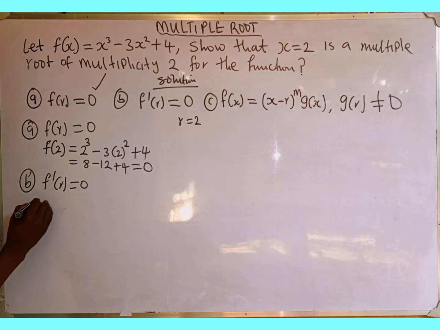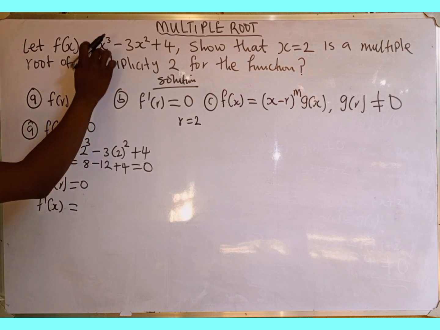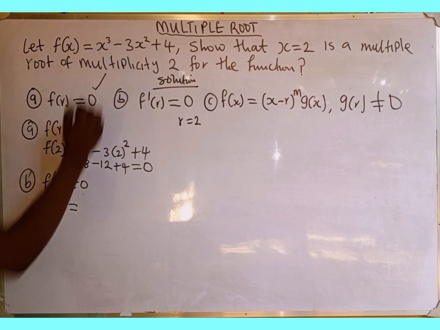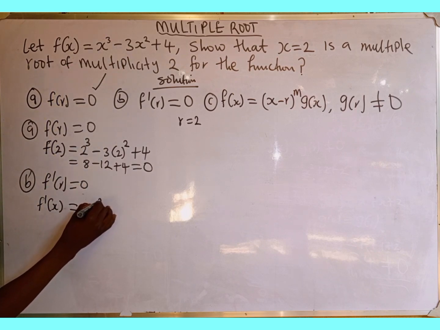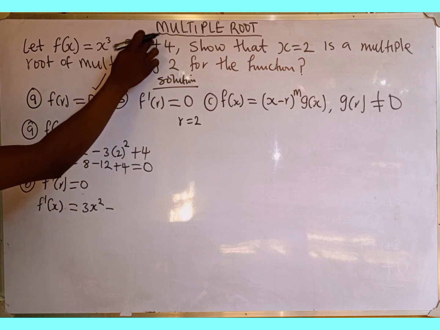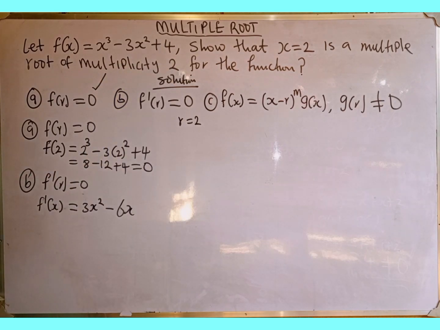So let us differentiate: f prime of x is equal to the derivative of x cubed, which is 3x squared. Then minus the derivative of 3x squared, which is 6x. Then plus the derivative of the constant, which is equal to 0. So this is the first derivative.